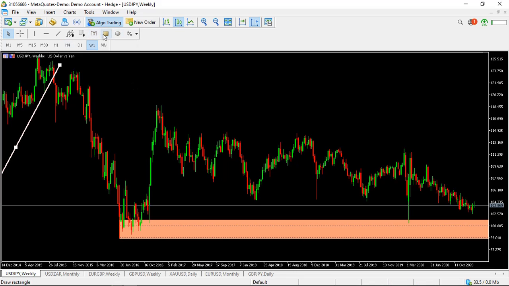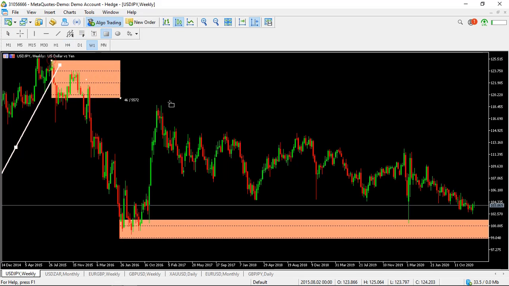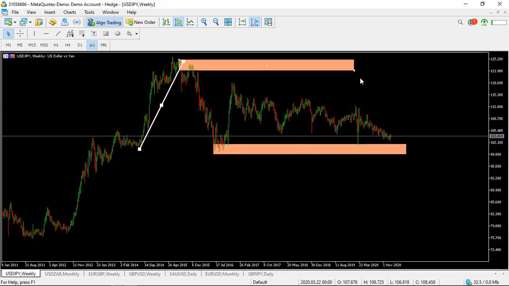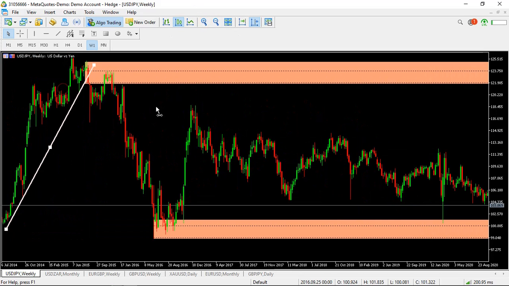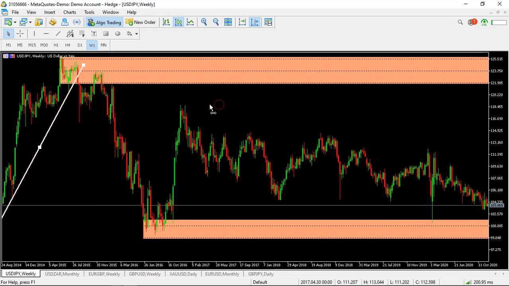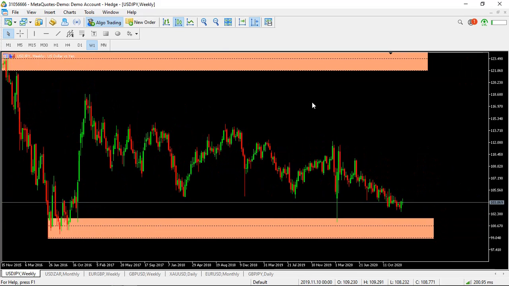So la we have a level of supply. Okay, so this is my level of supply on my weekly. Okay, so we can cover konke lokhu as a level of supply. Okay, so these are our two zones on our weekly time frame.